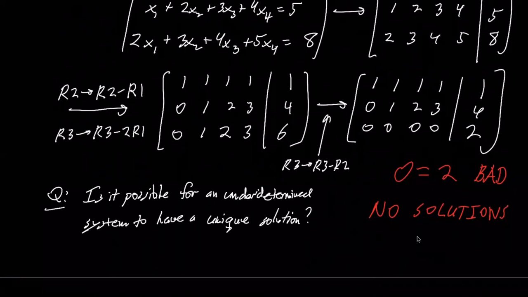That's my question for you. Could you come up with an example where you end up with exactly one solution, like x1 equals something, x2 equals something, x3 equals something, x4 equals something? And the question then is why or why not? Okay, I'll stop there.